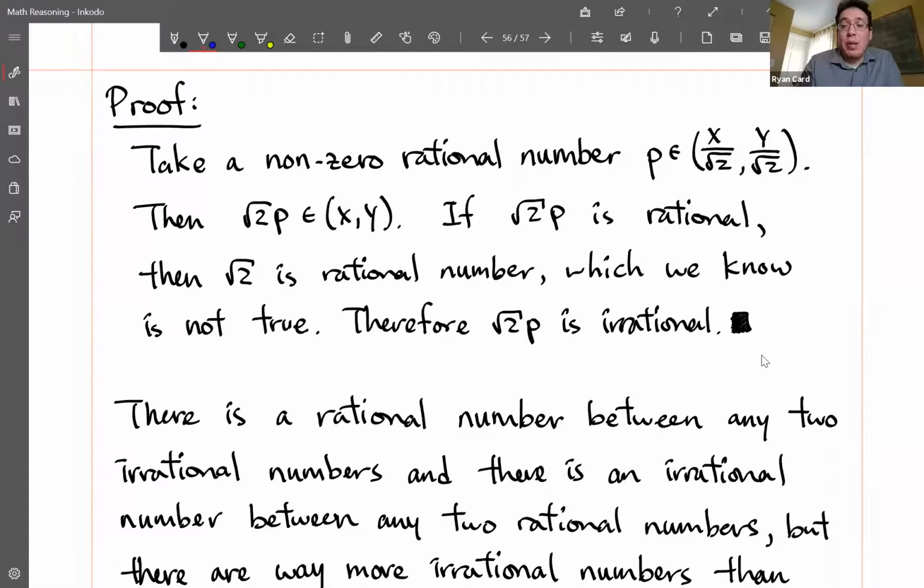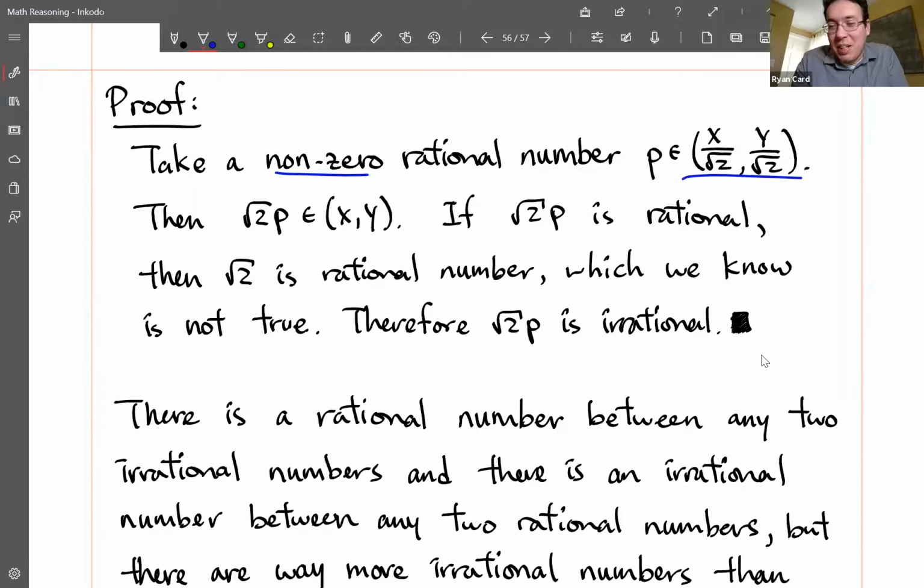Okay, so we're going to use the rational density theorem. Take a non-zero rational number p between x over root 2 and y over root 2. I say non-zero because I want to be able to divide by it.